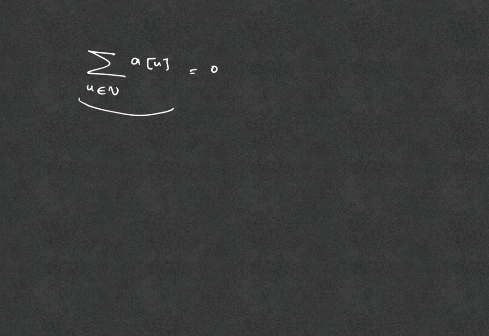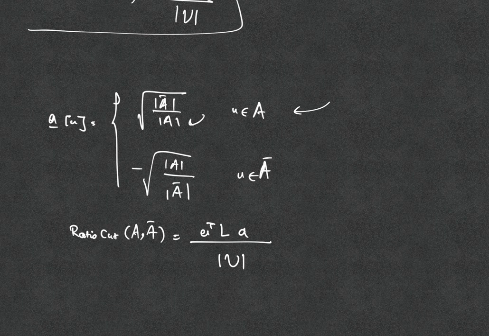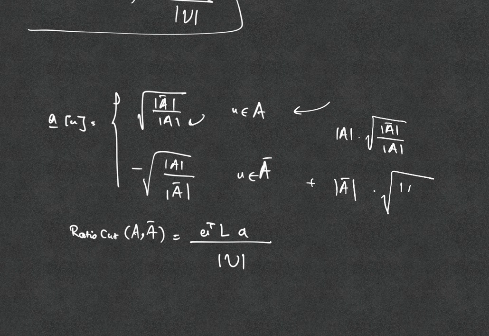Now, some important properties of A are these. First things first, if you consider all of the nodes in V, and if you sum this value over the entire thing, this sum is going to be 0. The question is why? So obviously, based on the definition that we just gave, we are going to have A members with this value, and then we're going to have this many members with this value.